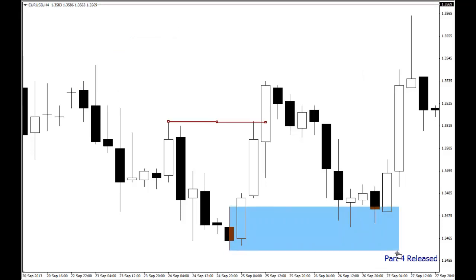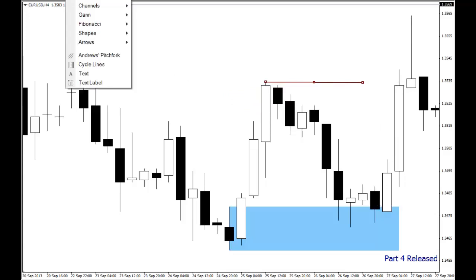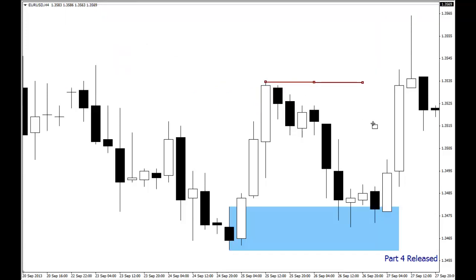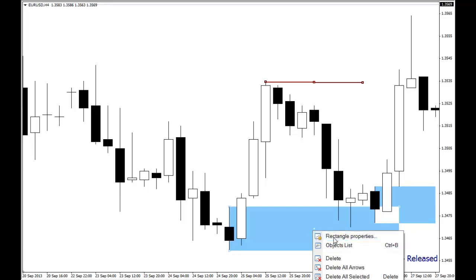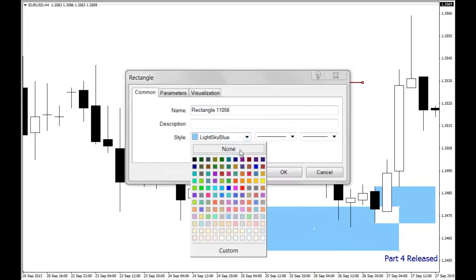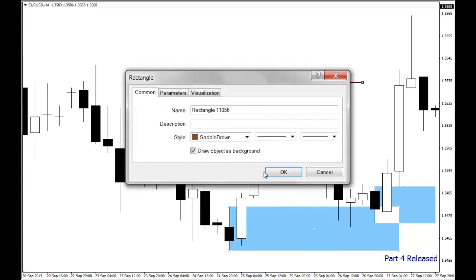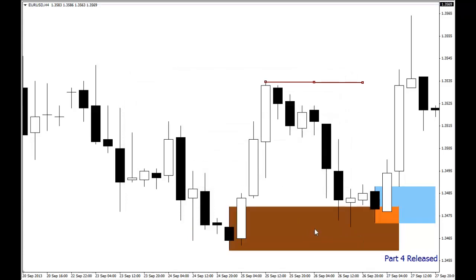Price dips into it right in here, and we also have market structure breaking and confirming even further here with another order block here that we will reference. Again, we have this block and this block. And I'm going to just change the color of this one just so it could be slightly different, or in this case drastically different.